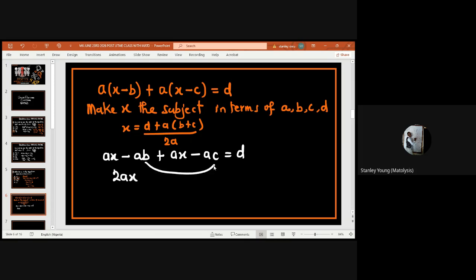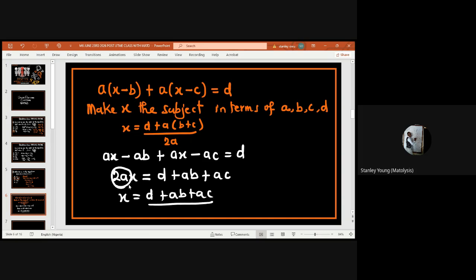And the constants, move them to the other side. When you do that, the signs change. D is already on the right-hand side. So you have plus ab, then plus ac. Your job is to make x the subject, so x equals d plus ab plus ac, divided by what is multiplying x, which is 2a.